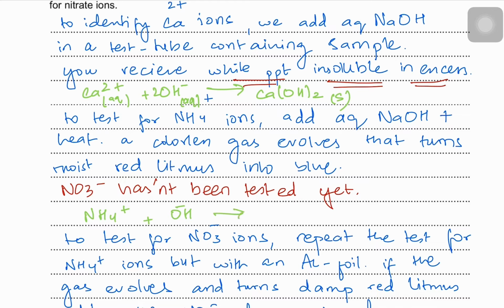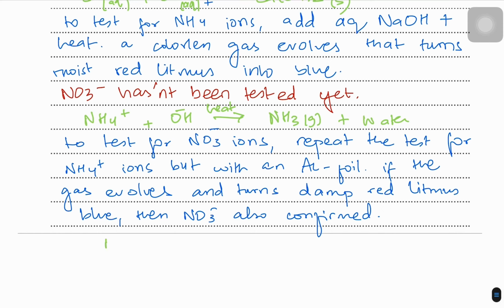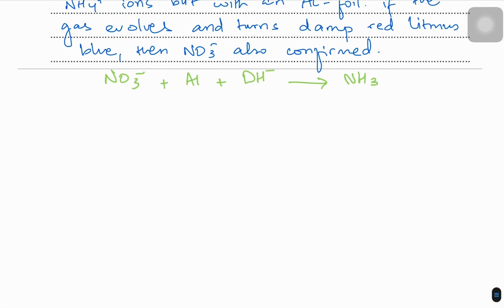So you get ammonia, which is a gas, and water if it's heated. And for nitrate ions, if you add aluminium metal in the presence of alkaline medium, you receive ammonia gas. Now I'm not balancing this equation, it's not much of a concern for you guys here.